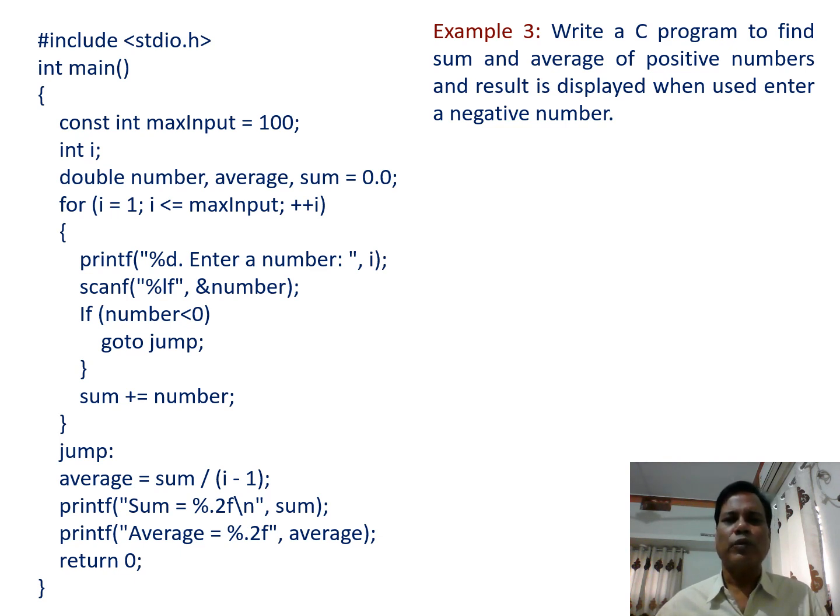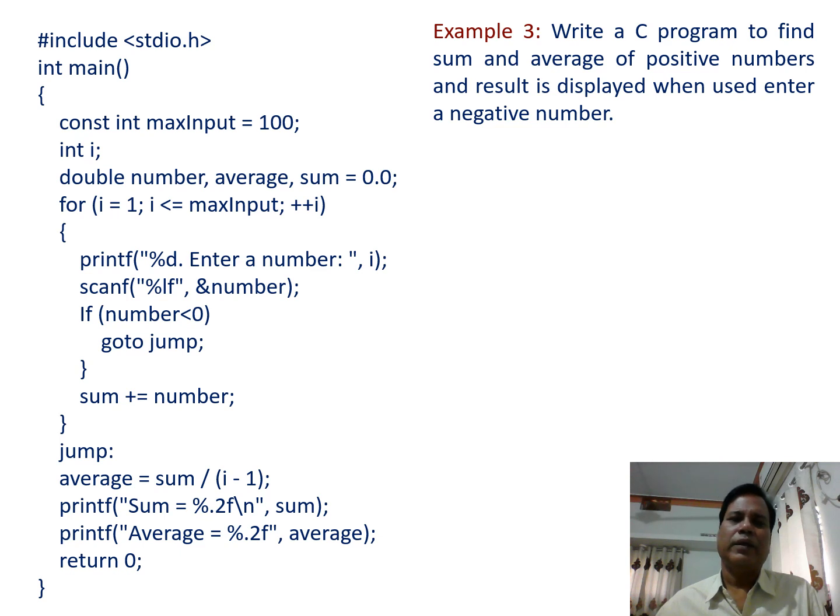So in this program, const int maximum input equal to 100. So maximum input is an integer type of constant and its value is equal to 100. So we can add or take the average of a maximum of 100 numbers.